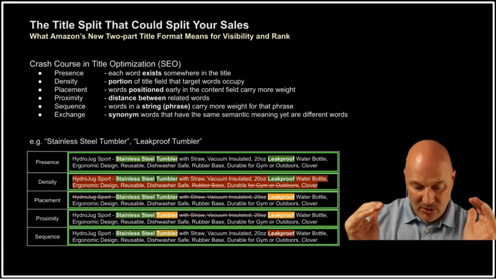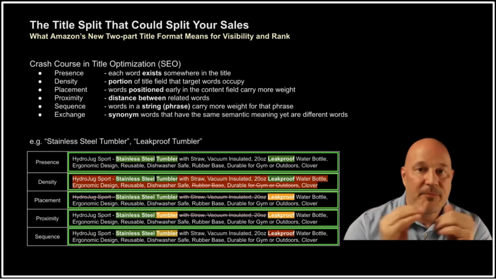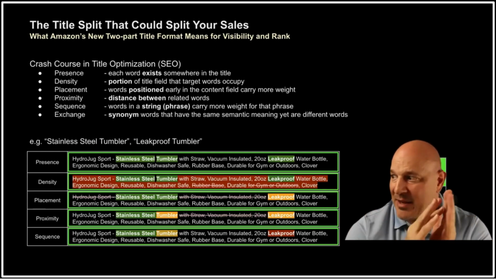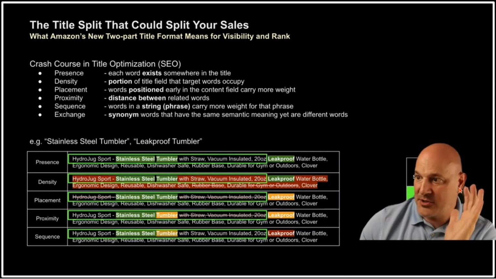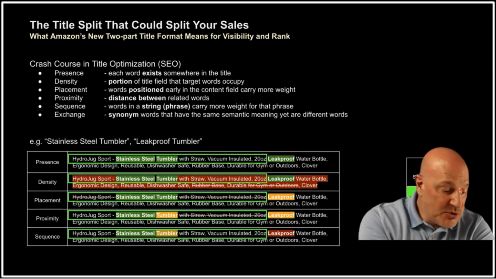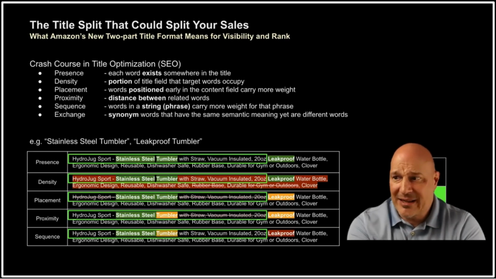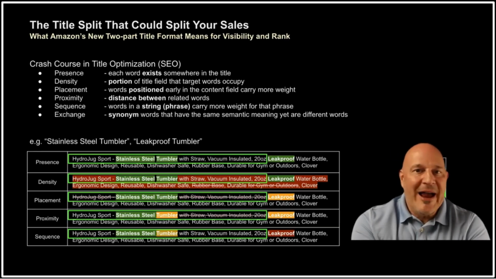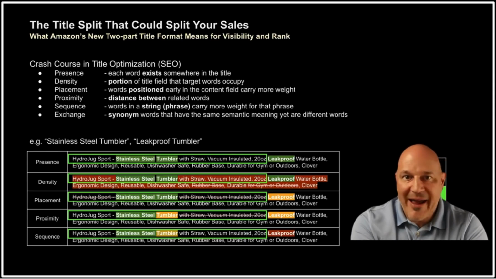If what's visible on the mobile Amazon app is 80 characters, then maybe everything after 80 characters is actually cut off. And if you are trying to separate yourself from your competition by saying, look, I've got a leak proof stainless steel tumbler and I'm one of only a few that actually have that, and your title is set up this way on mobile, they don't see leak proof.